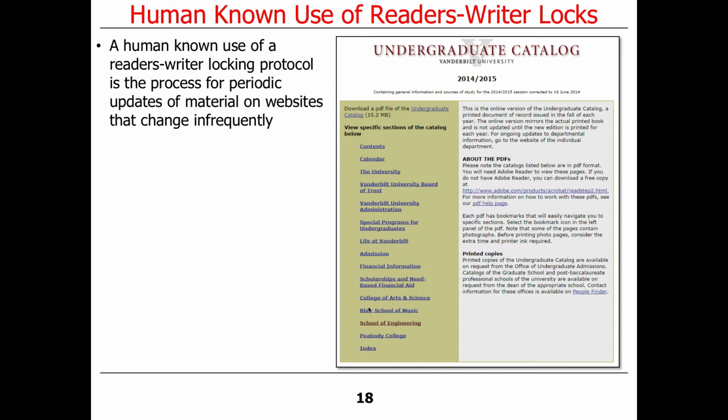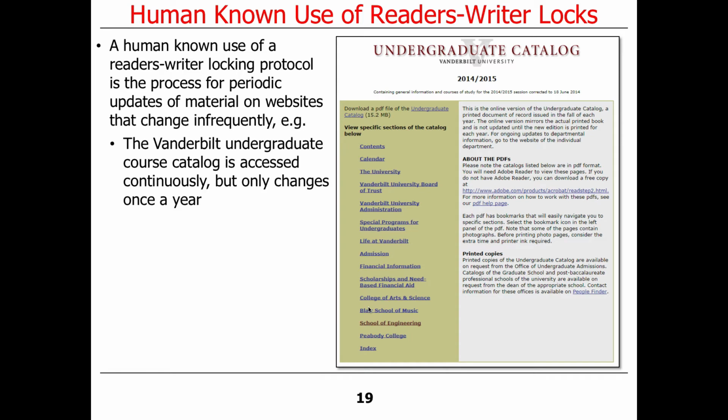And so during the rest of the time, it's a reader's paradise. You can go and read the Vanderbilt course catalog. There's lots of people reading it. Thousands could be reading it at the same time. And so in that case, you don't want to slow people down if there's lots of readers. But when you're going to change it, you don't want to have people get half a document. So you want to make sure that you correctly lock it when it's going to change on its annual basis.